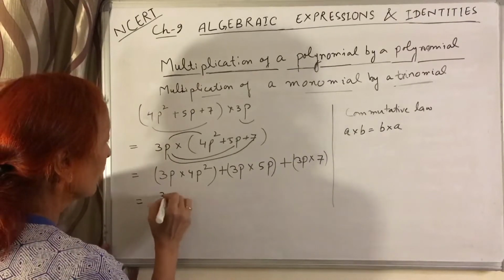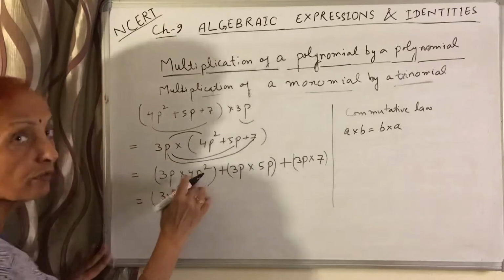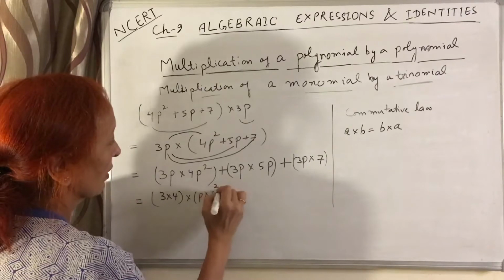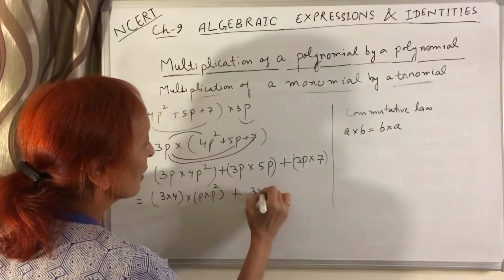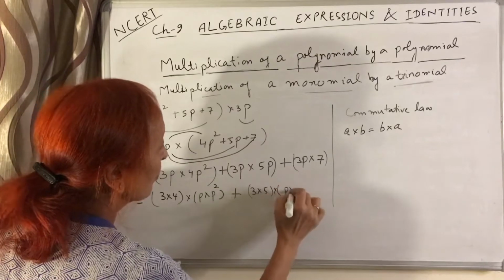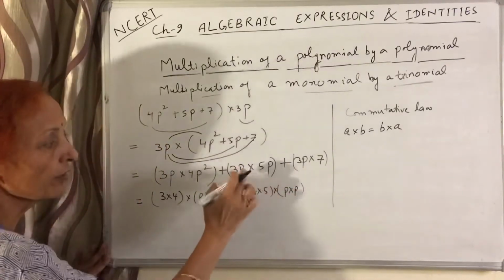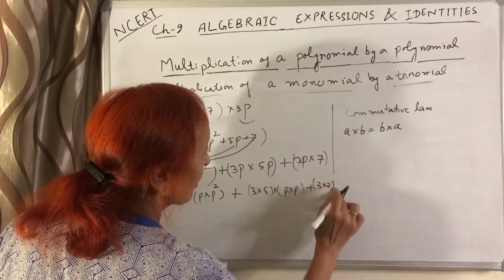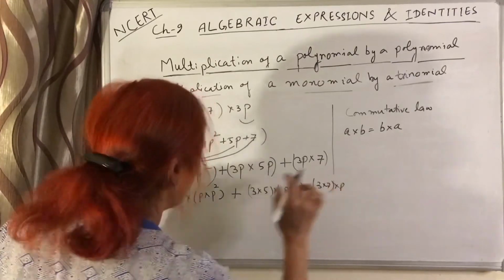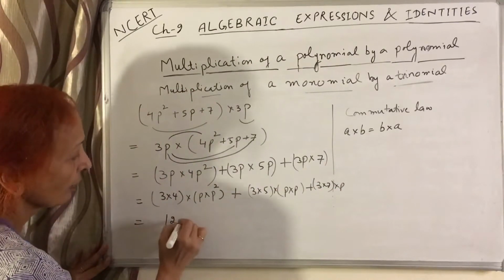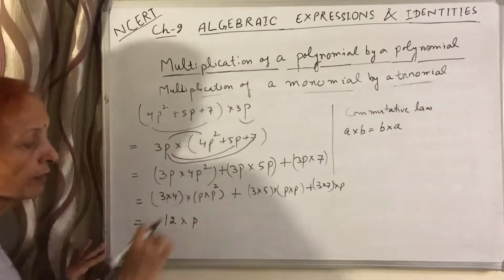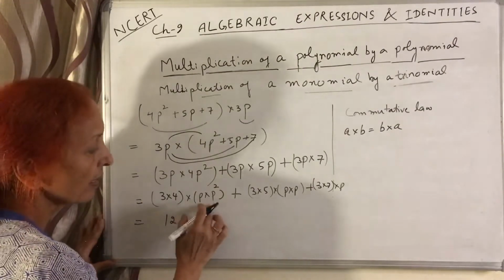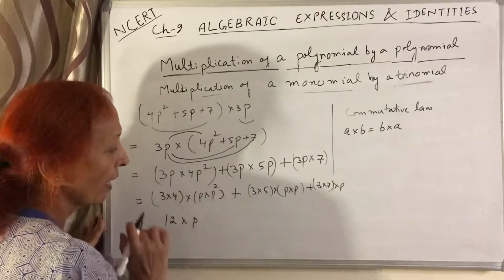Now this is 3 into 4. How to multiply we know. First we will multiply numerical coefficients, after that algebraic factors. Plus 3 into 5 into p into p, plus 3 into 7 into p. This is 12 into p into p. We will use the law of exponents here, which says when you multiply the same base, powers are added.